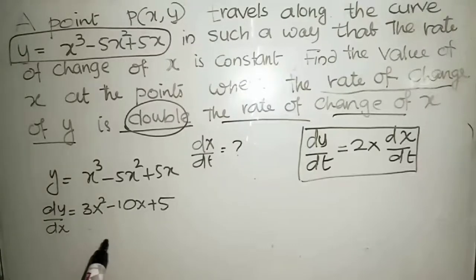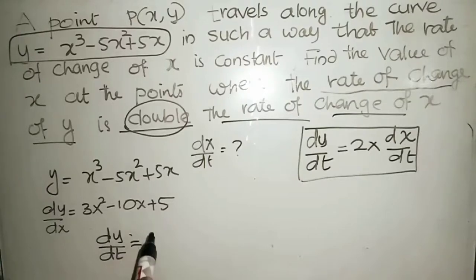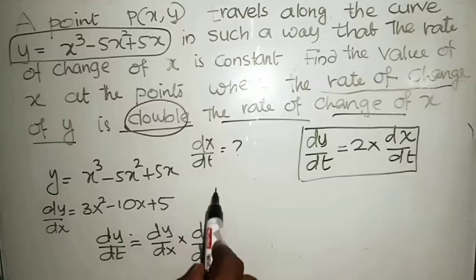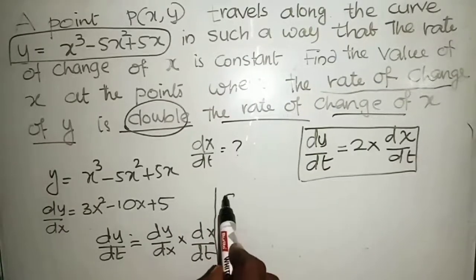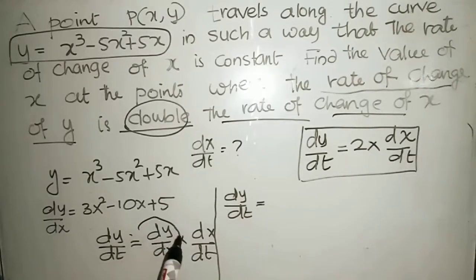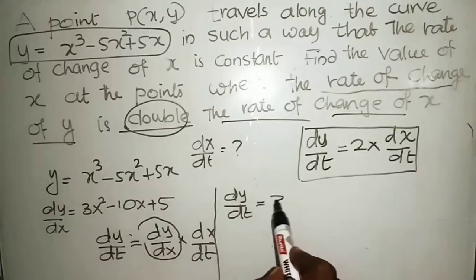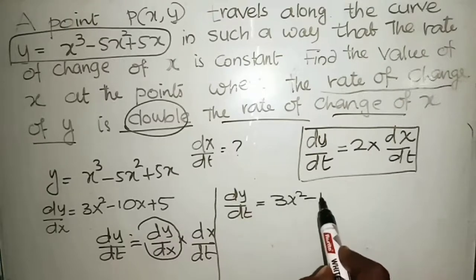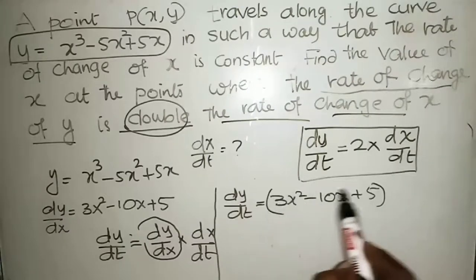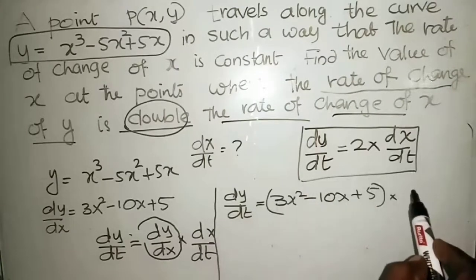As per the chain rule, we know that dy by dt is equal to dy by dx multiplied by dx by dt, isn't it? So it implies dy by dt is equal to, we got dy by dx as 3x square minus 10x plus 5, multiplied by dx by dt.